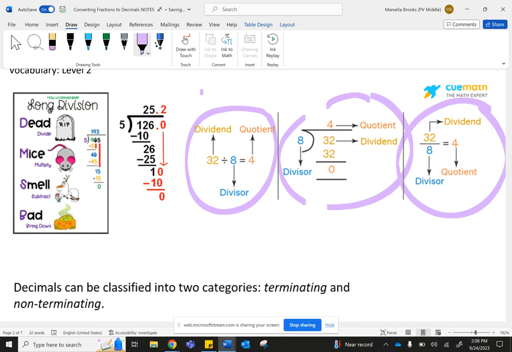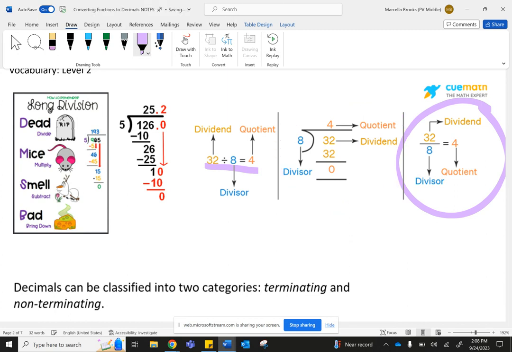If you see it in the form 32 divided by 8 equals 4, written out horizontally, the dividend is first, the divisor second, and the quotient is third. If you look at it where we have our little division bar, what's inside the house is the dividend. What's outside the house is the divisor. And the quotient is up top.